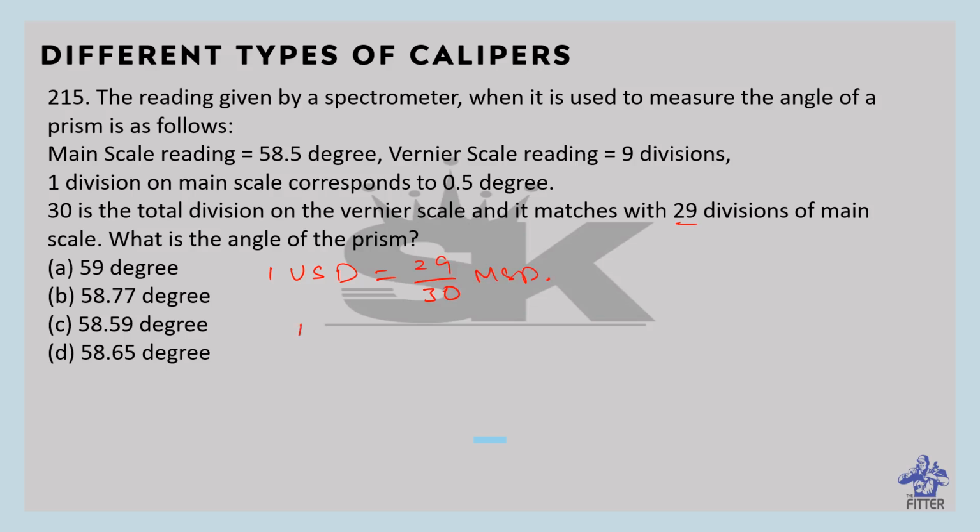So least count equals to 1 MSD minus 1 VSD. Here 1 minus 29 by 30, how much are we getting? 1 by 30, right? Here he mentioned that one division on the main scale corresponds to 0.5 degree, that is half a degree. So the least count is 1 by 60 degrees.